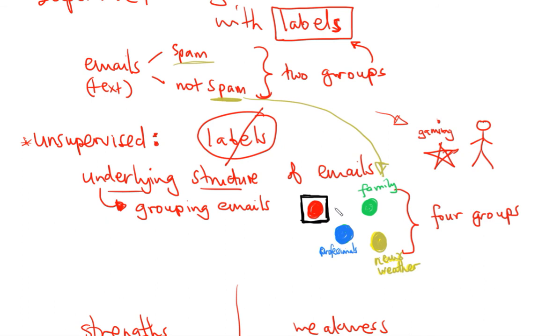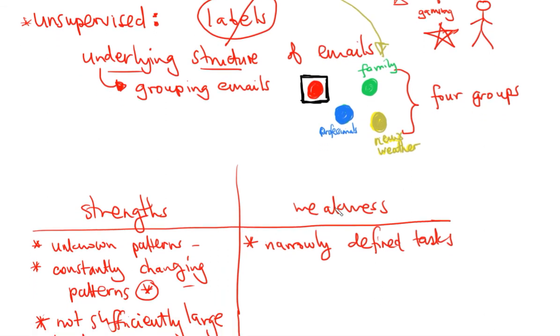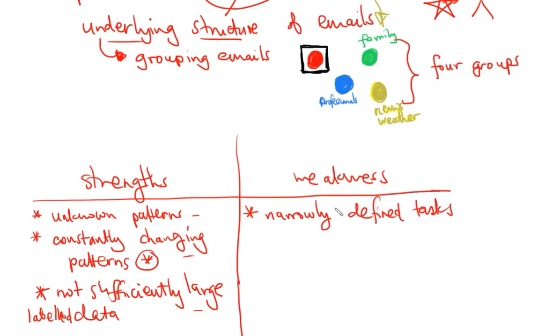If there are constantly changing patterns, unsupervised learning keeps learning new patterns, compared to supervised learning, because supervised learning needs patterns that really do not change that much. So that's one thing that I wanted to emphasize in this video.